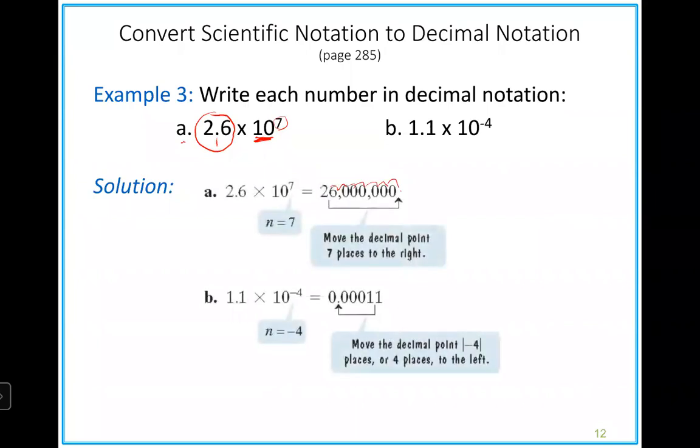You look at this one, 1.1 times 10 to the negative 4 power. So the point was between the two ones. If you move to the left 4 places, you're going to go 1, 2, 3, 4. Of course you're going to use zeros to fill in the spaces. And so you end up with 0.00011.